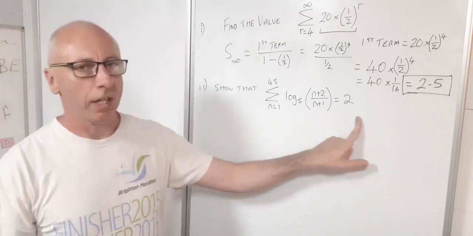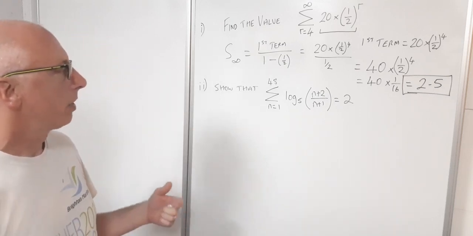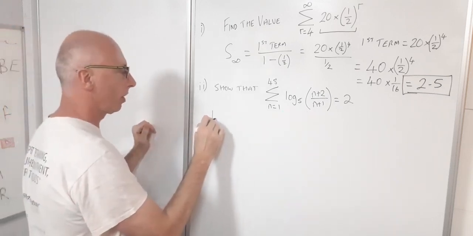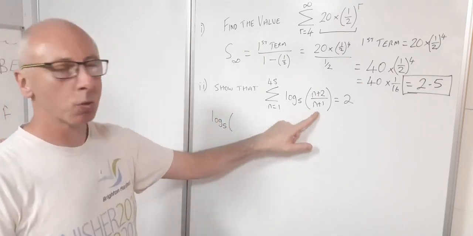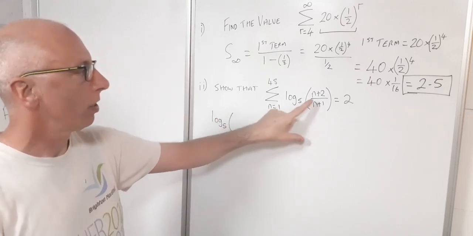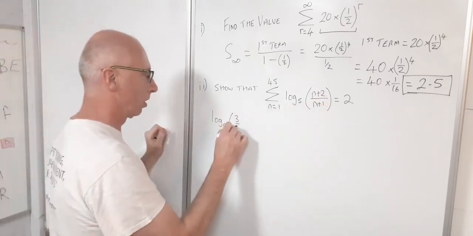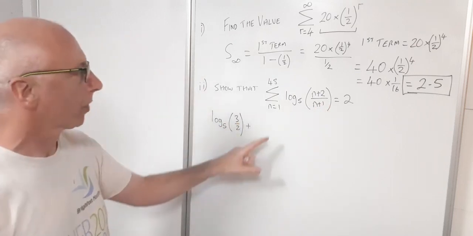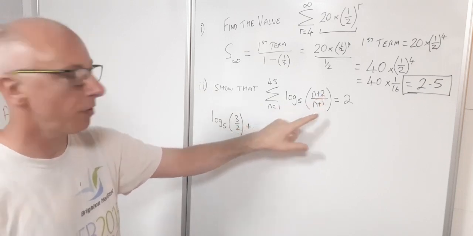Now this one here, let's have a look. First of all, what's going on? So let's write out some of the terms. So log base 5 of (n plus 2) over (n plus 1) when n is 1. So then I've got 3 over 2. That's my first one. Then let's add the second one. So when now n is 2, I've got 4 over 3.